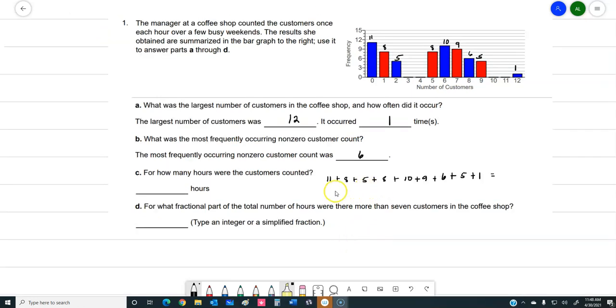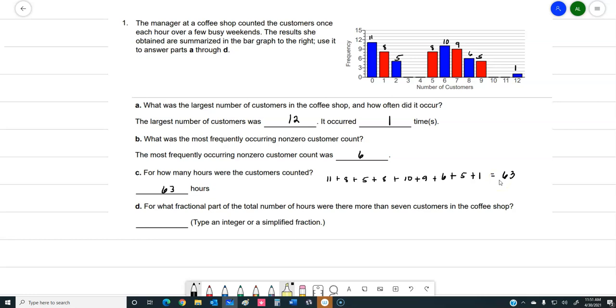So we take 11 plus 8 plus 5 plus 8 plus 10 plus 9 plus 6 plus 5 plus 1, all of those hours, and we find the sum, and that total is 63. So there's 63 total hours.